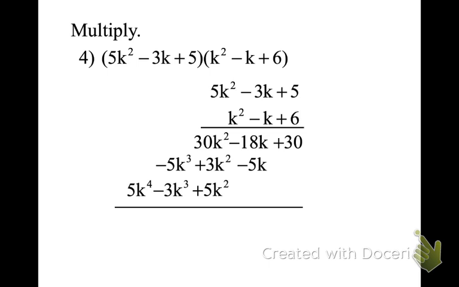So I get 5k to the fourth. I get negative 8k to the third. Remember, if it's the same sign, we add them and the sign stays the same. This becomes 8k and 38k squared. Negative 23k, same sign, add them, sign stays the same, plus 30.